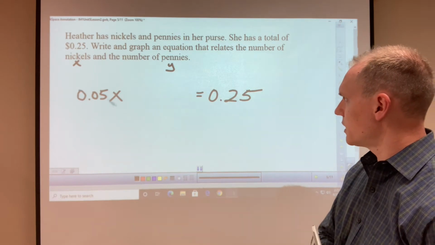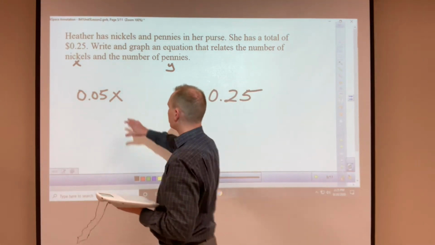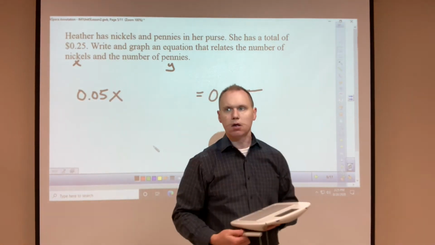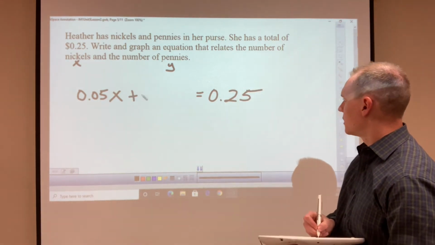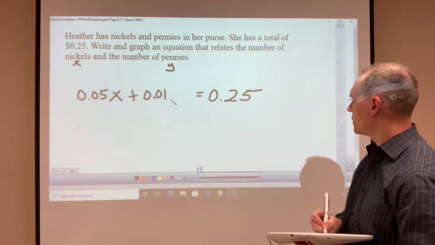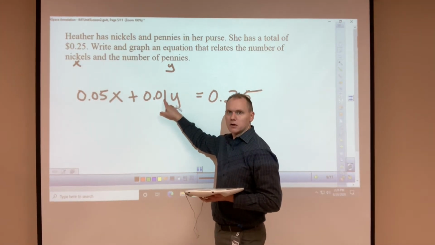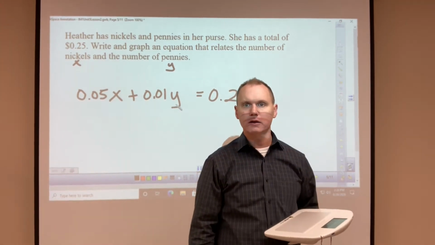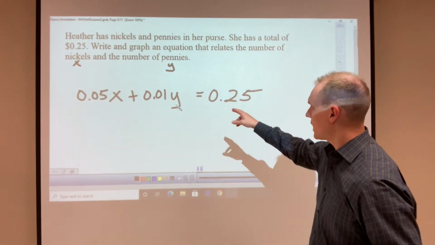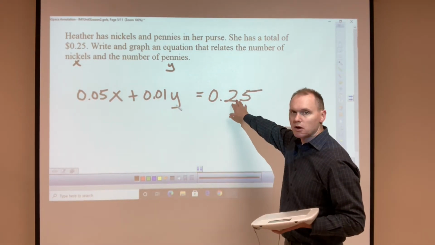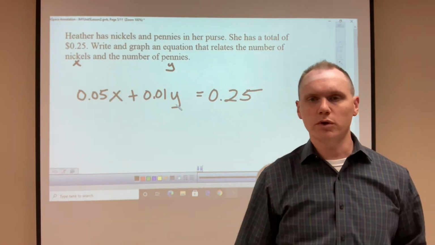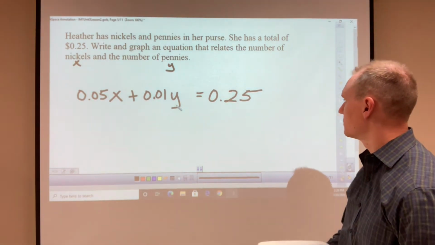This gives us the total value of all the nickels, plus 0.01 times y, because 1/100th of a dollar is the value of 1 penny. Together, if we add those, we should get the total value of the coins in her purse, which is 0.25 or 25 cents.